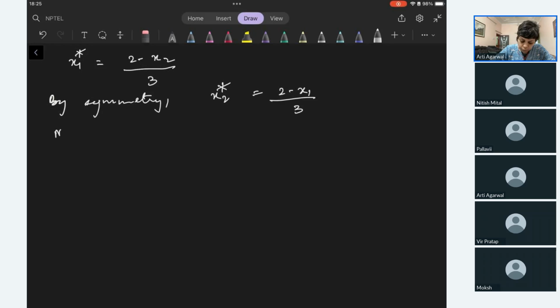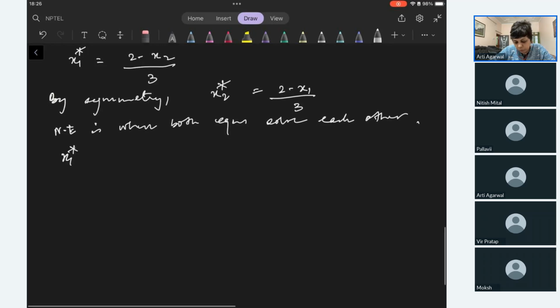Nash equilibrium is when both equations solve each other. So you solve them simultaneously. X1 star is 2 by 3 minus 1 by 3 into X2 star, and X2 star is (2 minus X1 star) by 3.